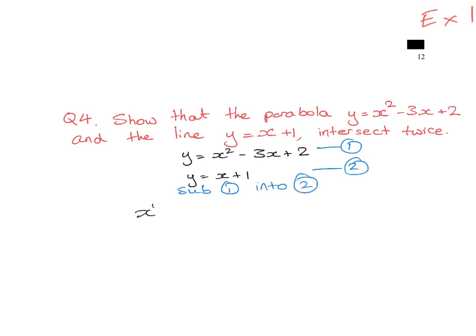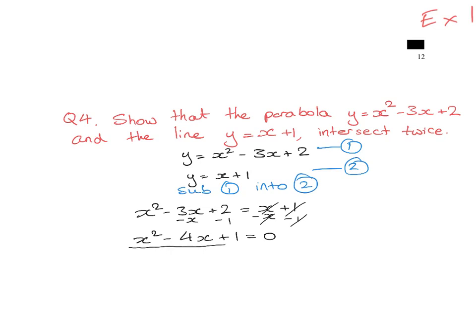And I get x squared minus 3x plus 2 equals x plus 1. Now I'm going to minus x and minus 1 from both sides to cancel these out. And I get x squared minus 4x plus 1 equals 0. So now, remember what I said before, the number of solutions this quadratic has equals the number of points of intersection these 2 functions have.